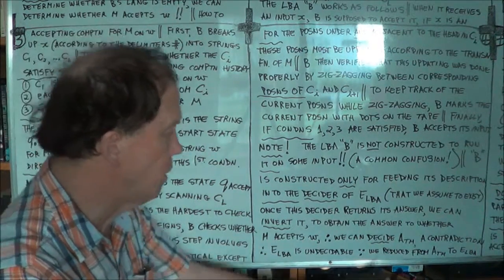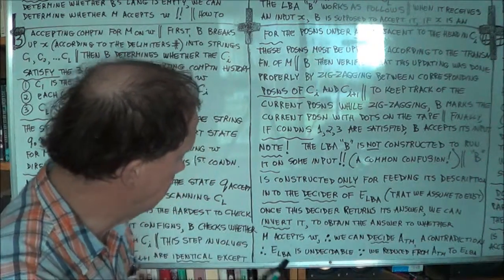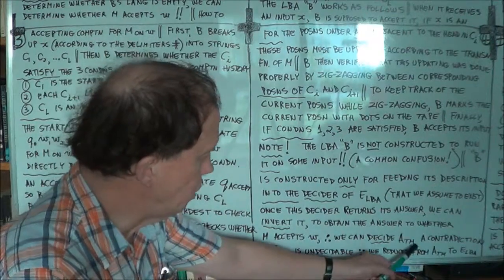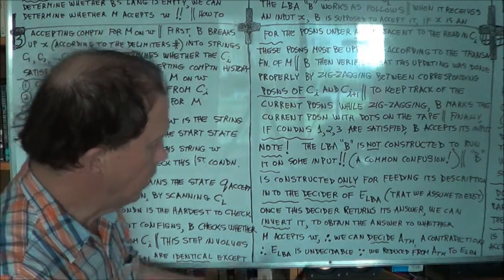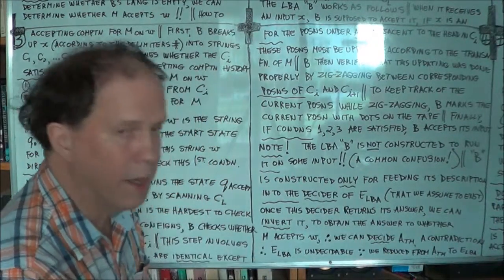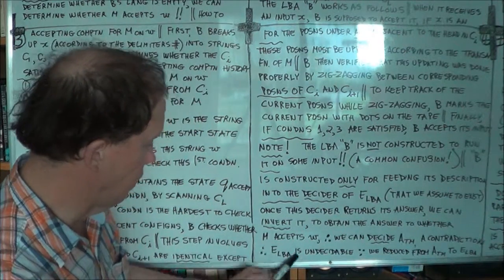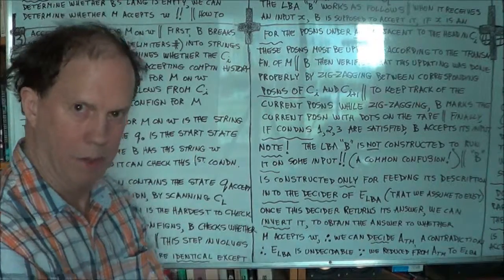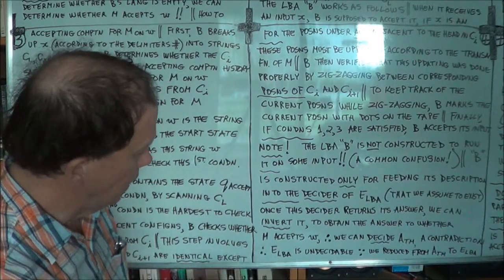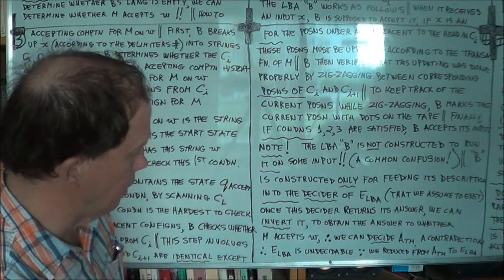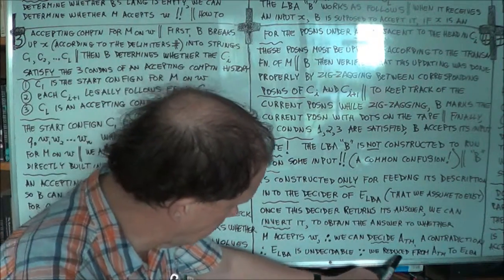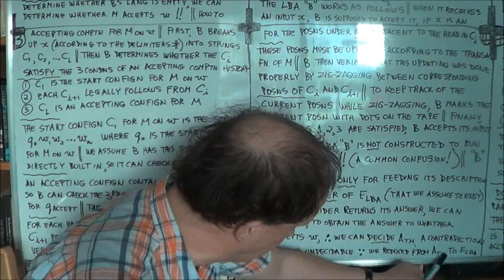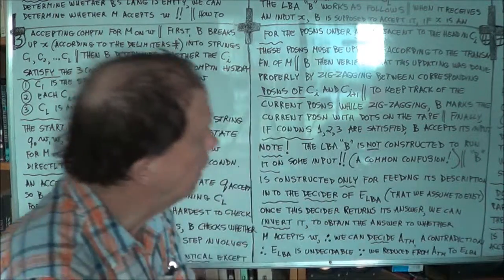So this is problem A and that's problem B, and we reduced problem A to problem B. But we know that problem A is undecidable, and therefore this is undecidable. And that's what we really want. We're trying to prove that this is undecidable, and we know it's undecidable because we reduced from this problem to that problem.